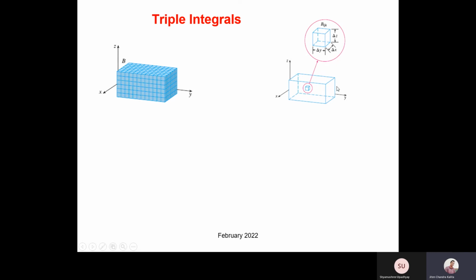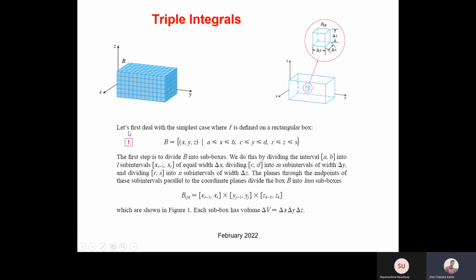It is going to be something like this. This is an elementary box that we are considering here, and it has dimensions delta x, delta y, and delta z. This box I am going to denote by Bij.